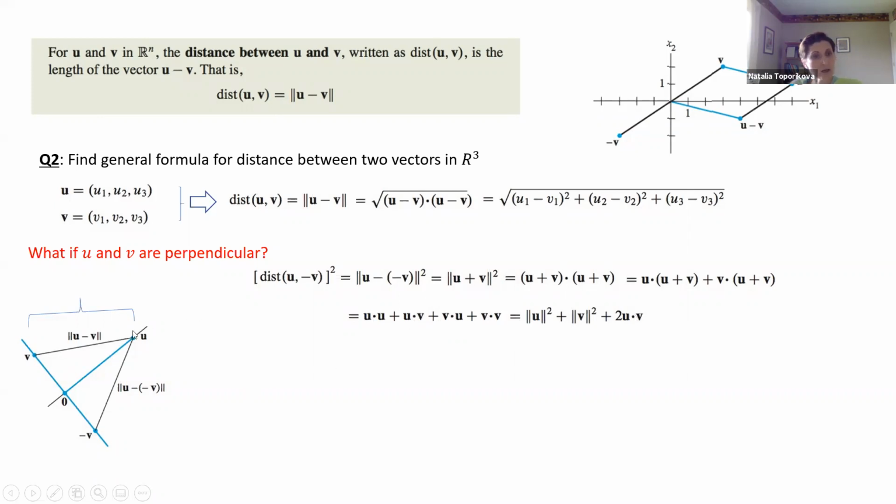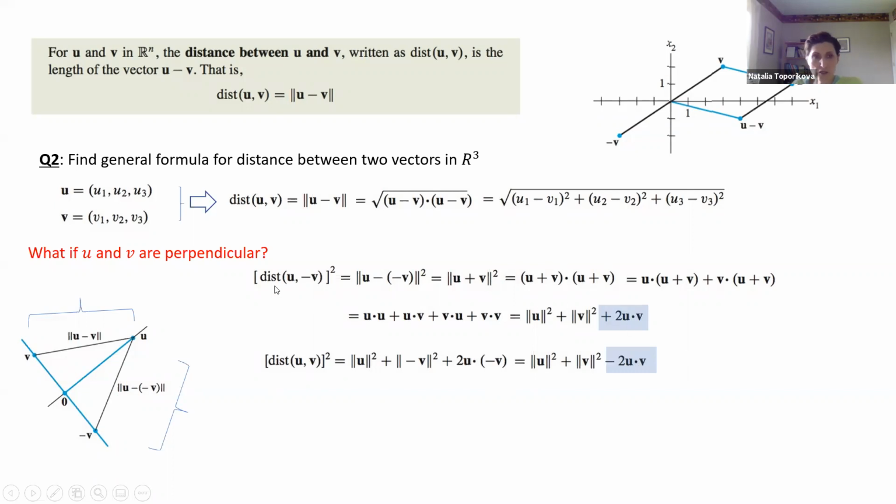Now let's look at our right hypotenuse and see what the length of this vector is. It should be the same, shouldn't it? Again, we use the same methodology. We get the squared length of the first vector u, the squared length of v, but now we have a negative term with double the dot product of u and v.